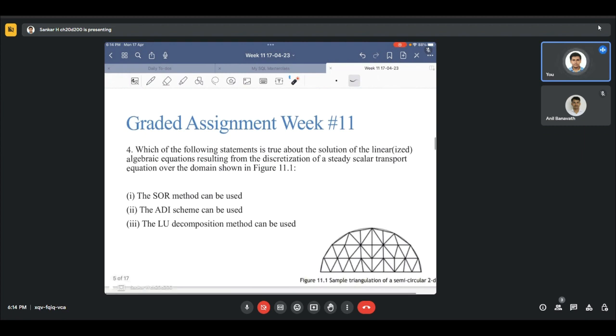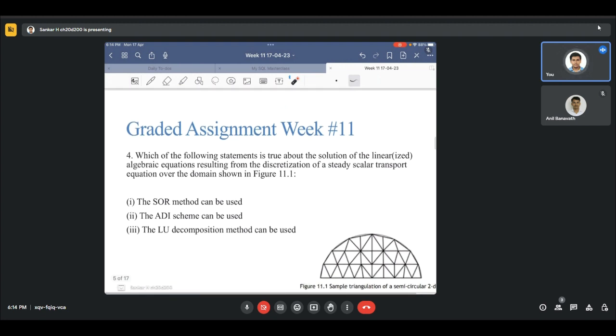Moving on to question number 4 of the grade assignments for week 11. Which of the following statements is true about the solution of the linearized algebraic equations resulting from the discretization of a steady state scalar transport equation over the domain as shown in figure 11.1?